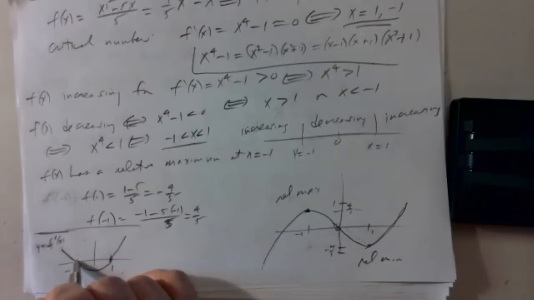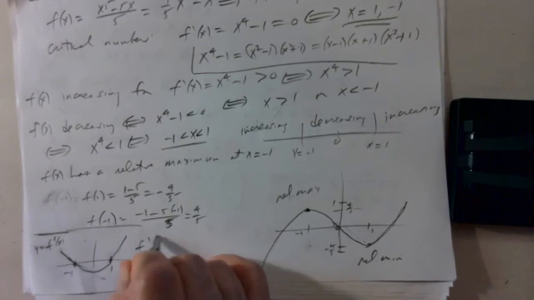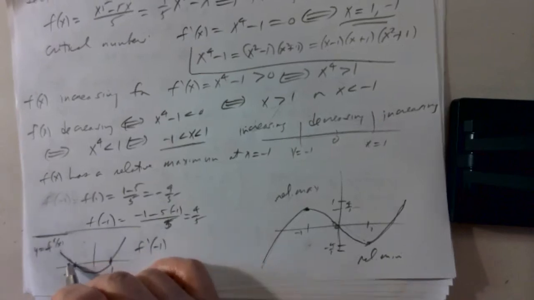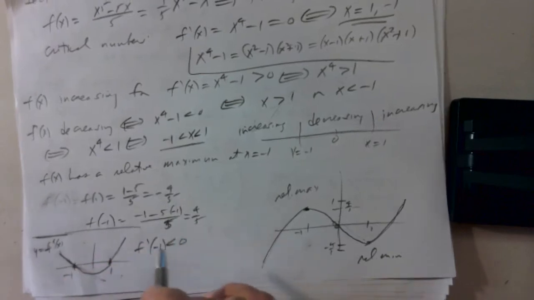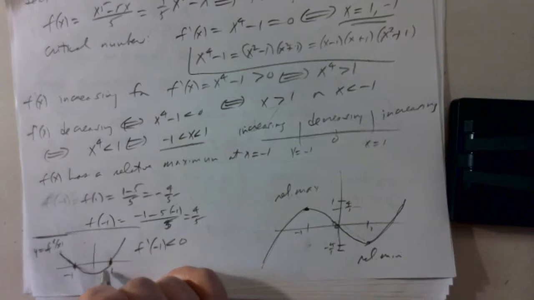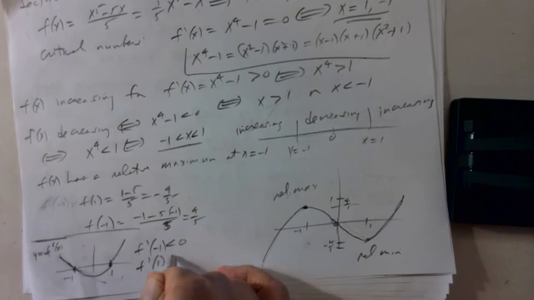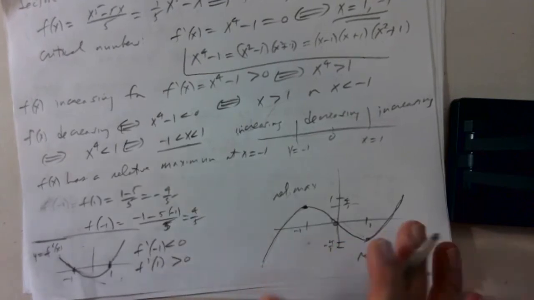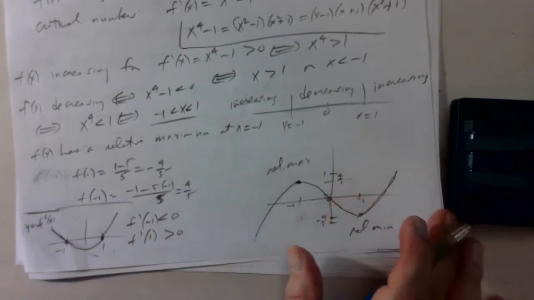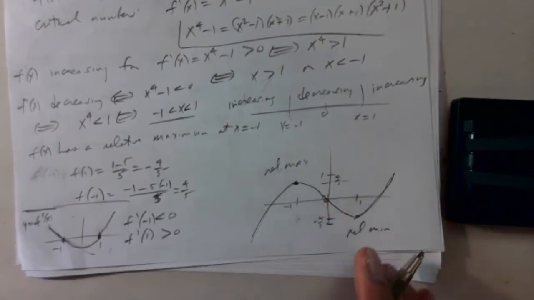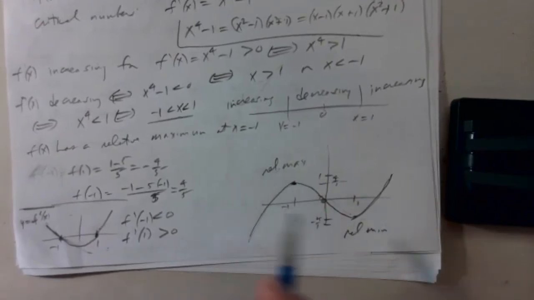And you notice, around -1, it goes from positive to negative. So the derivative at -1, the function is decreasing there, it's negative. At 1, the function goes from negative to positive. So f prime of +1 is greater than 0. And we notice the following fact in this example.